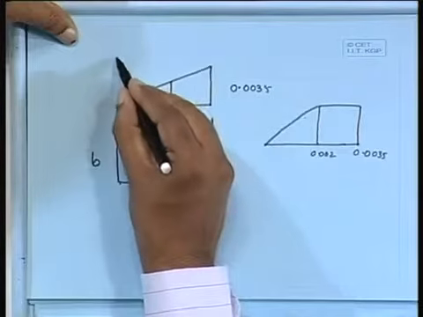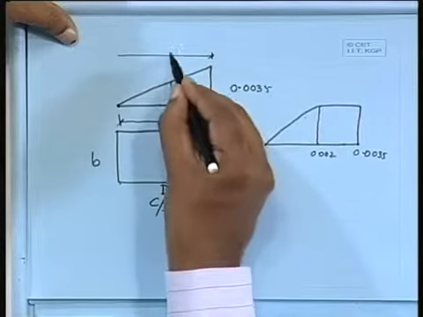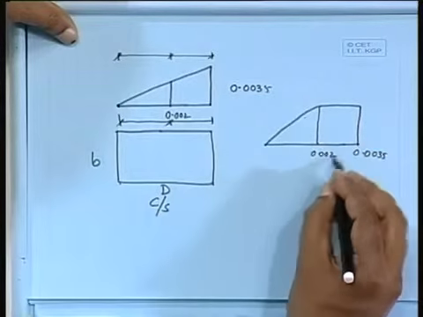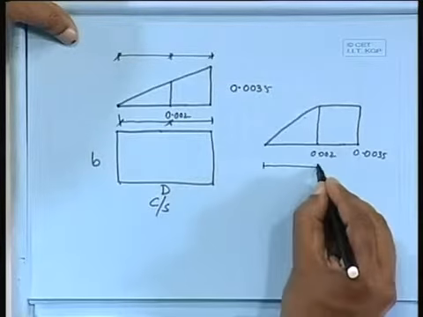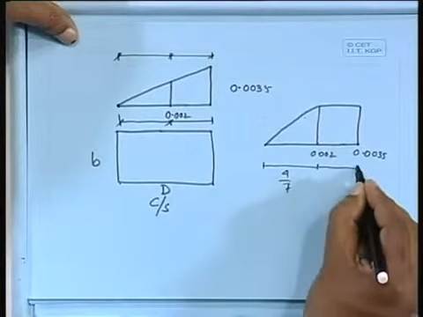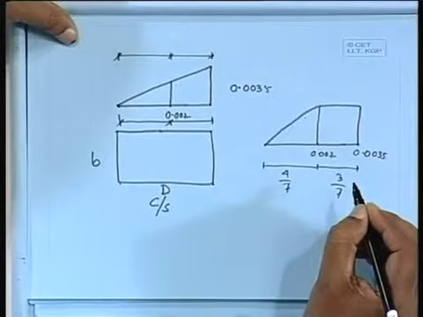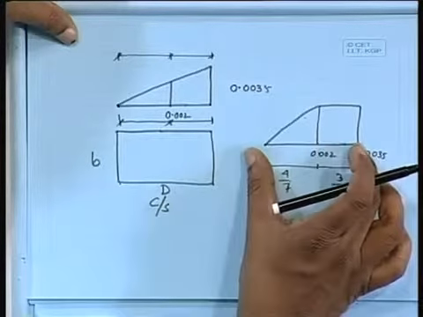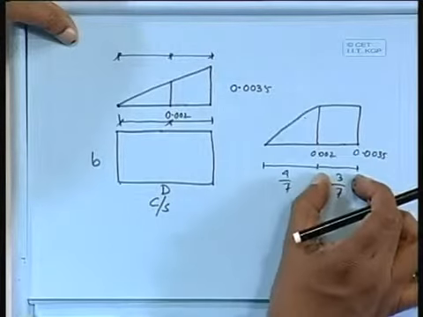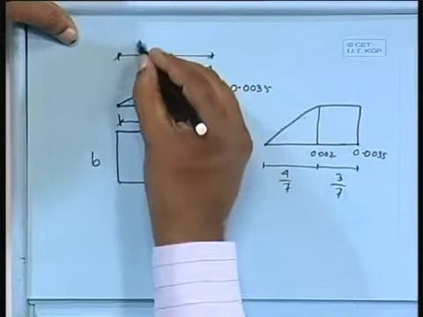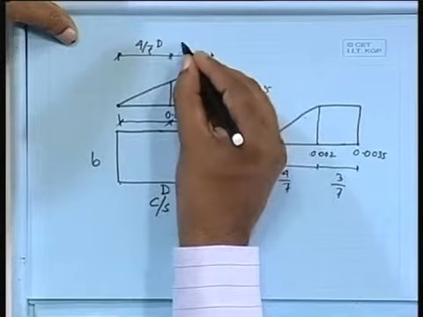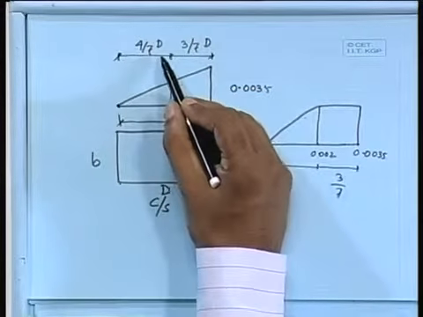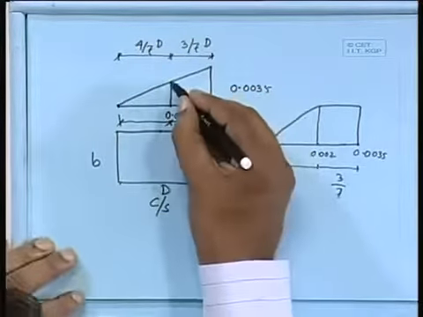We have two parts. Because of 0.002 and 0.0035, one part is 4 by 7 and the other portion is 3 by 7. In other words, this is 4/7 of D and this is 3/7 of D.